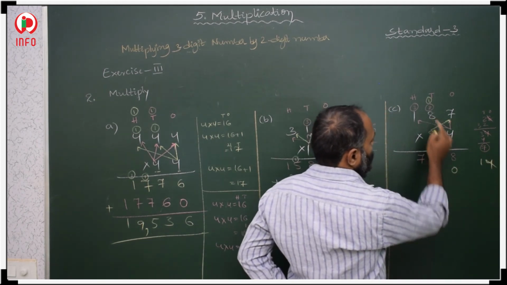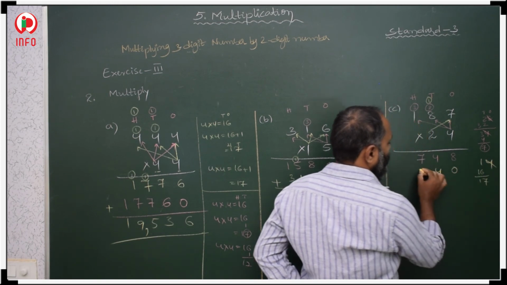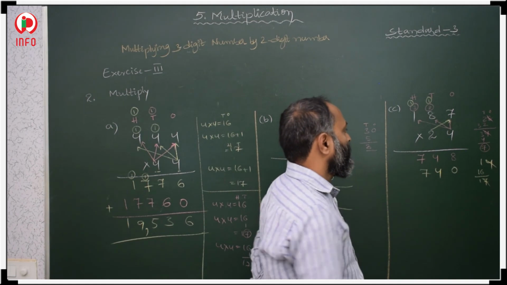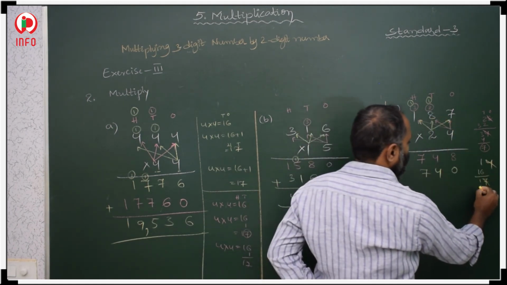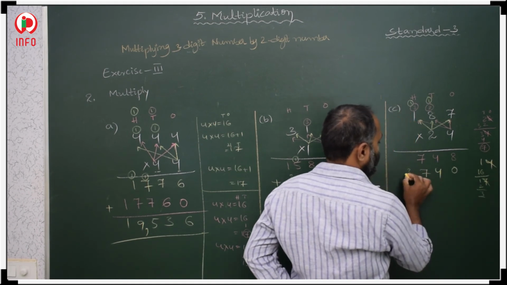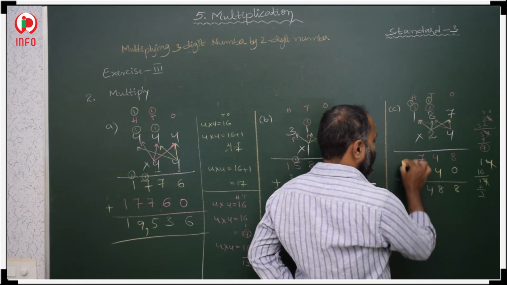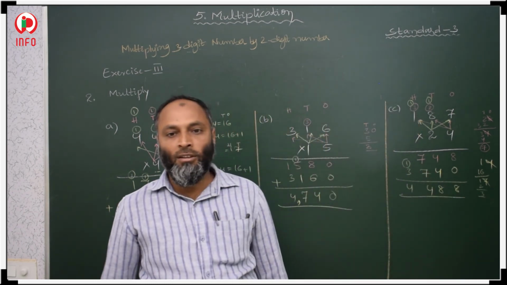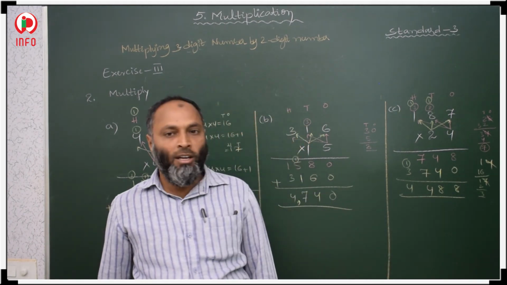Then 2 8s are 16. 16 plus 1, 17. 7 we keep here, and 1 carry in hundreds place. 2 1s are 2. 2 plus 1, 3. Then add: 8, 8, 14, 1, 4. 4,488. So in this way you have to find your product. Okay.